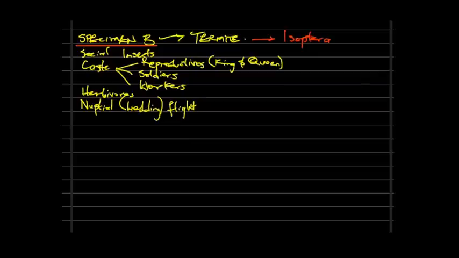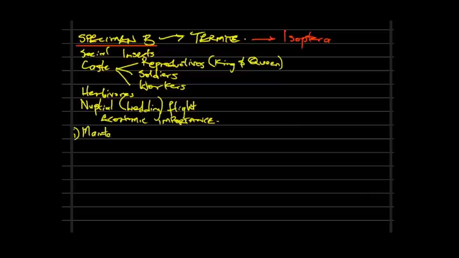So now let us quickly look at their economic importance, because you could be asked that particular question. Economic importance of termites. Number one is that they maintain soil fertility.